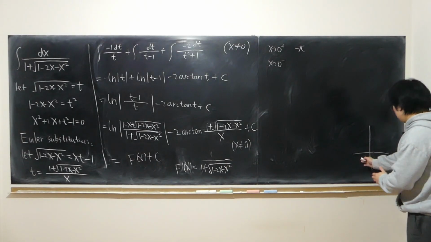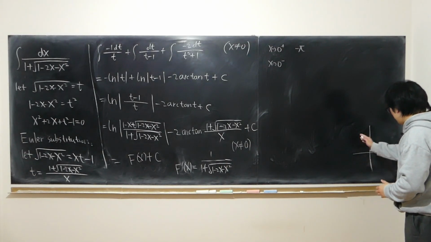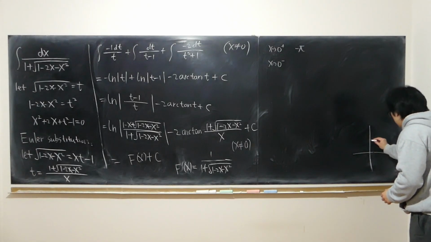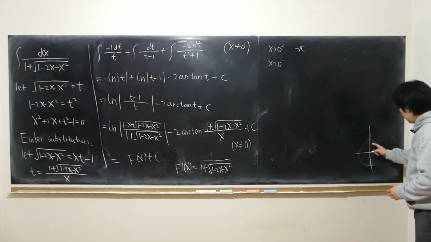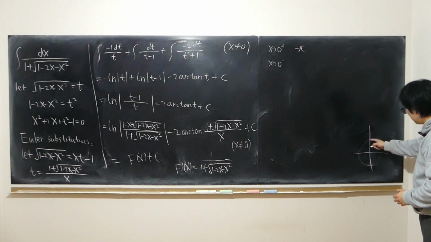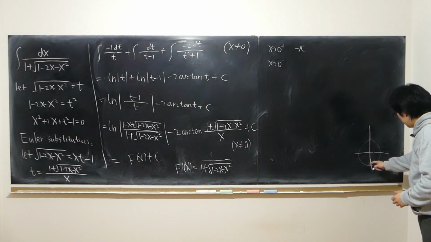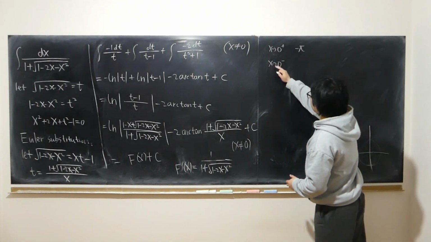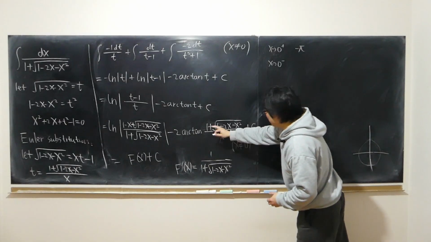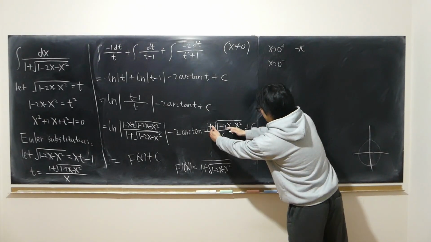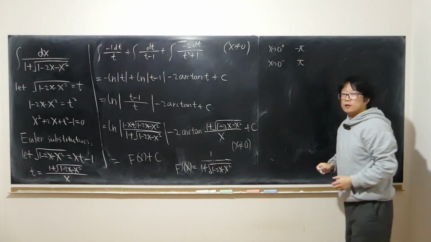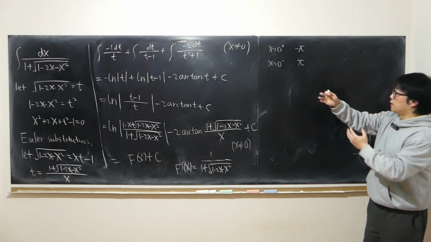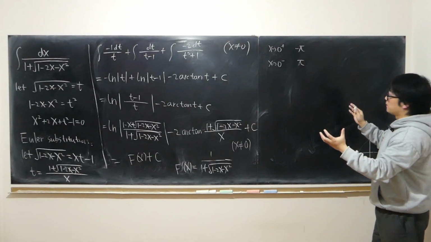Negative infinity down here is negative half pi. So negative half pi times negative 2, you have positive pi. So you have two different limits from the left and right, so you don't have a limit.